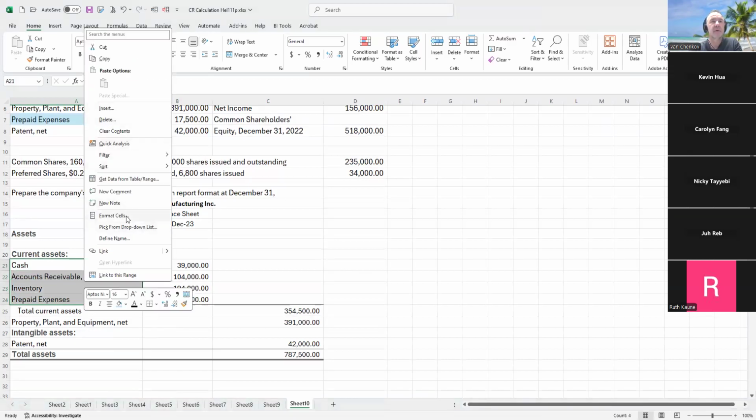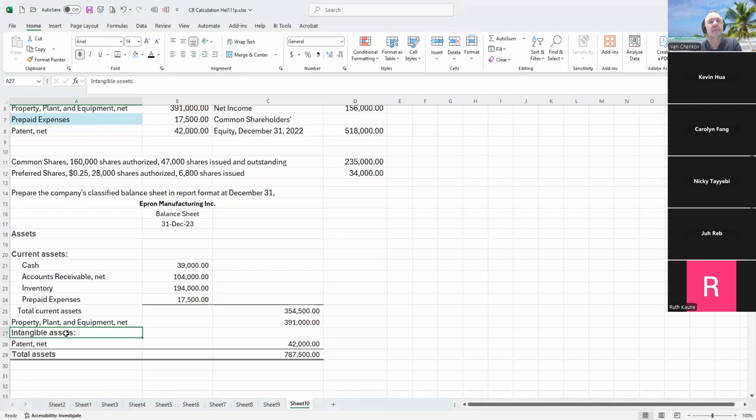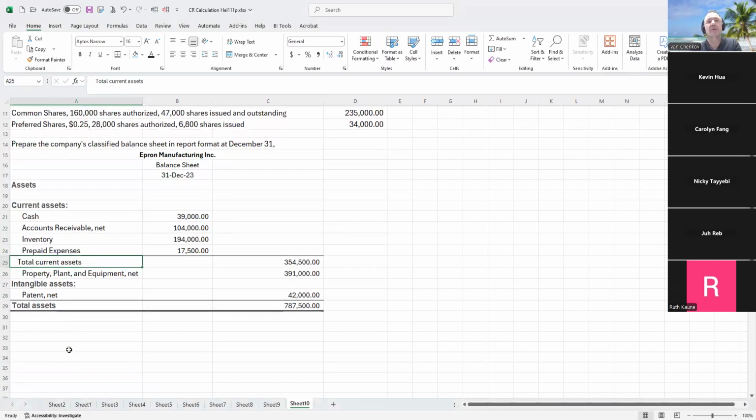Now if you want to make it more presentable, we can do some tricks here and there. And we're done. That's our asset section.